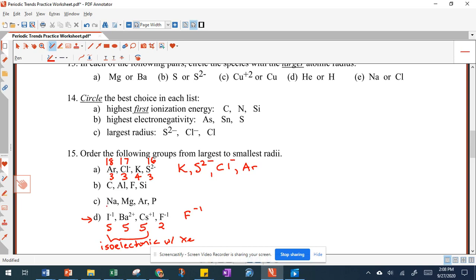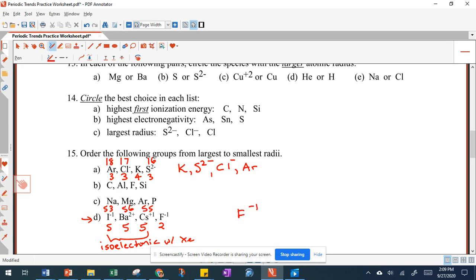Iodine has 53. Barium has 56. Cesium has 55. The number of protons does not change when an ion is formed. They all have the same number of electrons, but a different number of protons. And I apologize, fluorine should be the smallest.